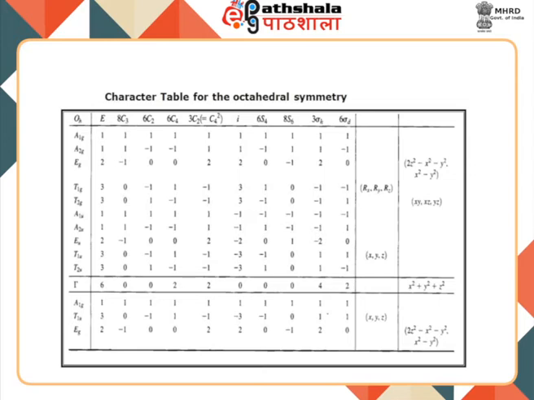Considering only the sigma orbitals on the ligands, there are a total of 6 orbitals, and in an octahedral symmetry environment, they transform as A1g plus Eg plus T1u, as can be seen from the character table.